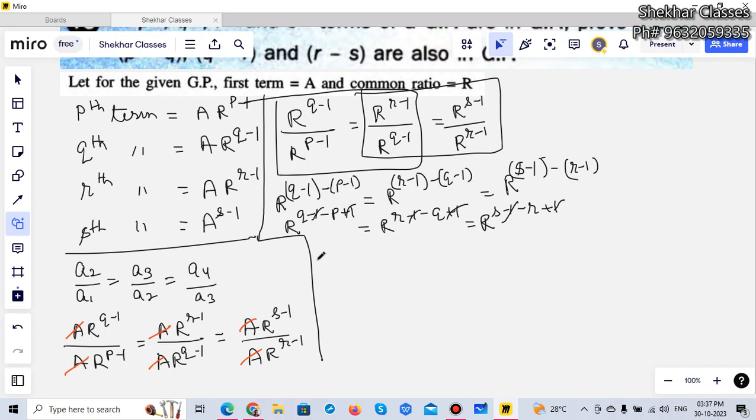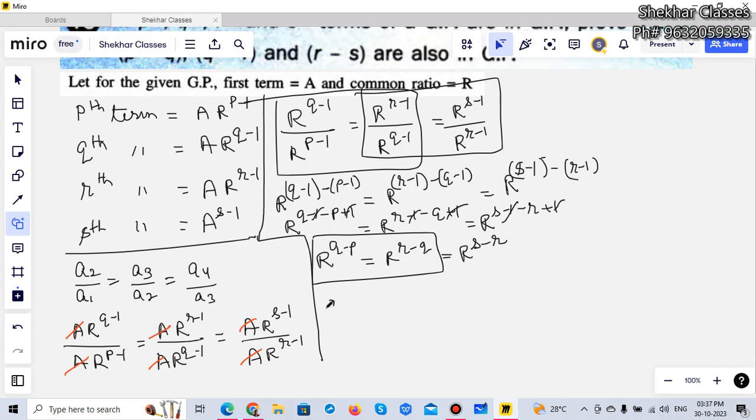So you're left with r q minus p is equal to r minus q is equal to r s minus r here. Now we know that if I take these two at a time here, if they are equal, the powers must be equal.